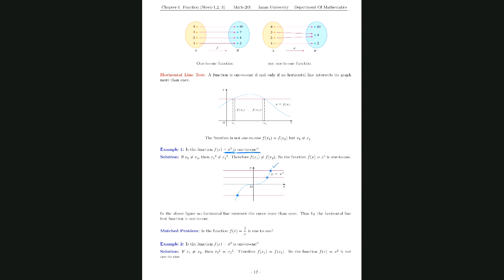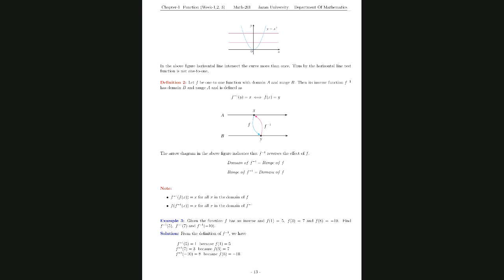Now come over here, see another example, number 2. Example number 2, x squared: is it one-to-one or not? Is the function f of x equals x squared one-to-one or not? Tell me. So you know the graph of x squared. What is the graph of x squared? The graph of x squared is here. But if you take a horizontal line, this horizontal line cuts this graph at 2 points here.